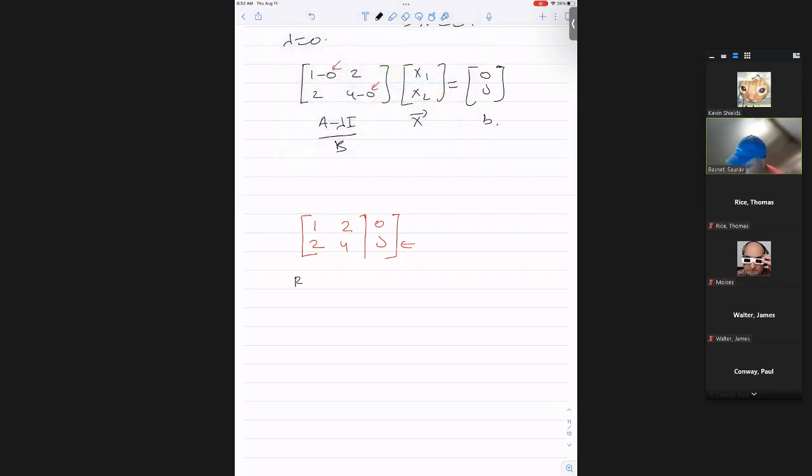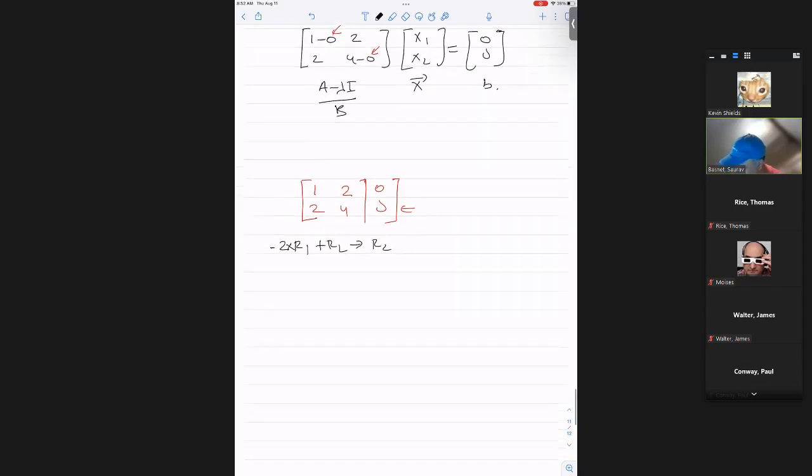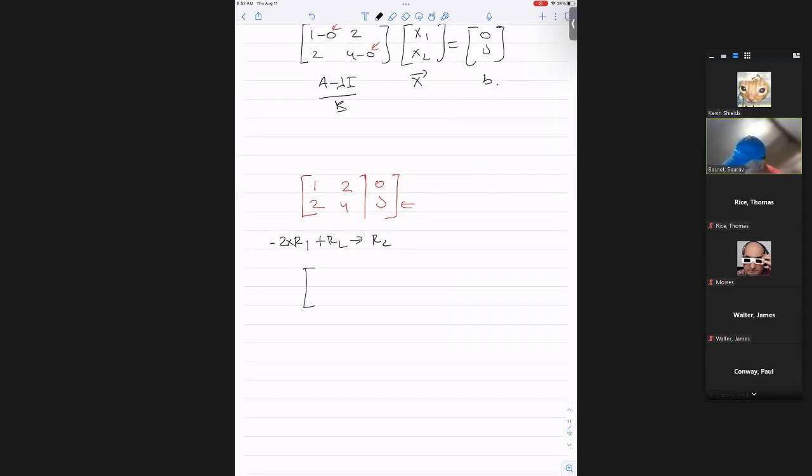If I do minus 2 times row 1 plus row 2, it gives me the new row 2, which is 0, 0, 0.